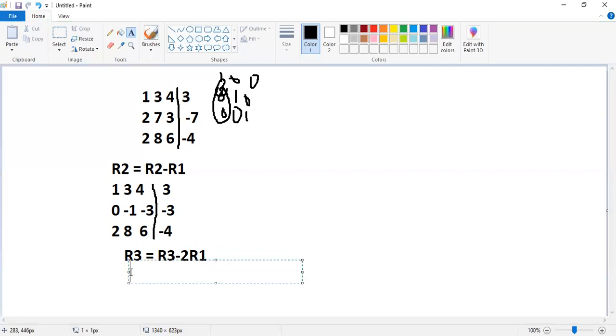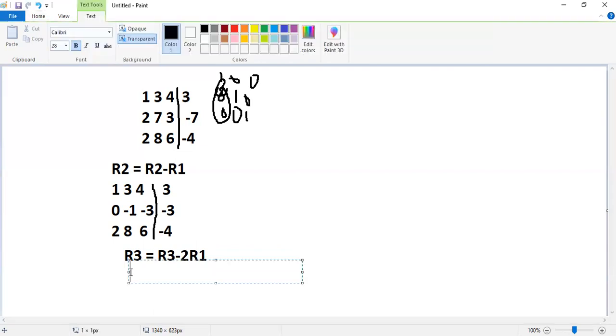So now this is how our new matrix would look. Row 1, you're not working on row 1, so it will be the same thing.